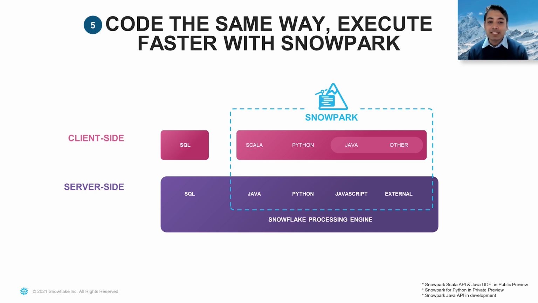It brings deeply integrated data frame style programming to the languages developers already like, and the functions to help you expand the use cases of data on Snowflake. Snowpark supports Scala APIs, Java UDF, external functions, and we will talk about how we are expanding the support of Snowpark to Java and Python. Snowpark truly opens up your ability to program and play with data in Snowflake.